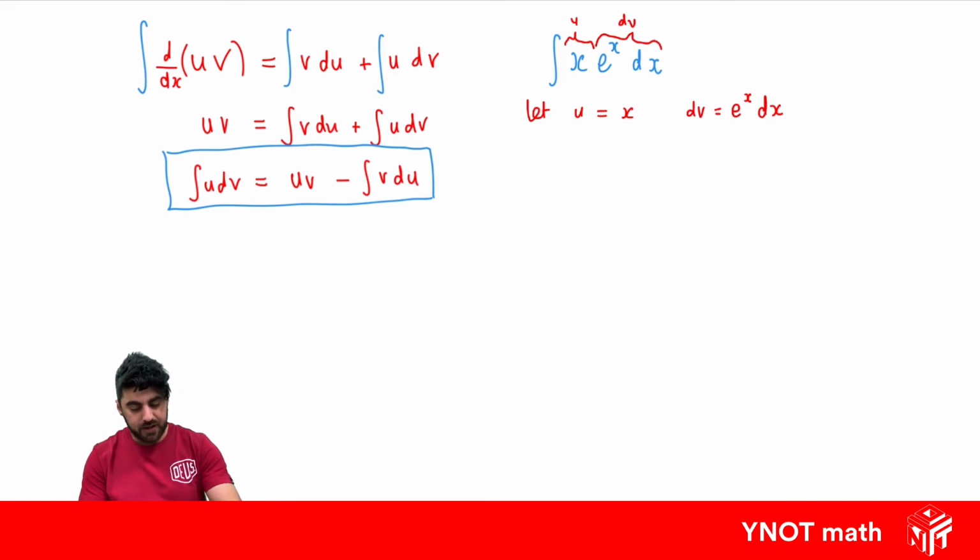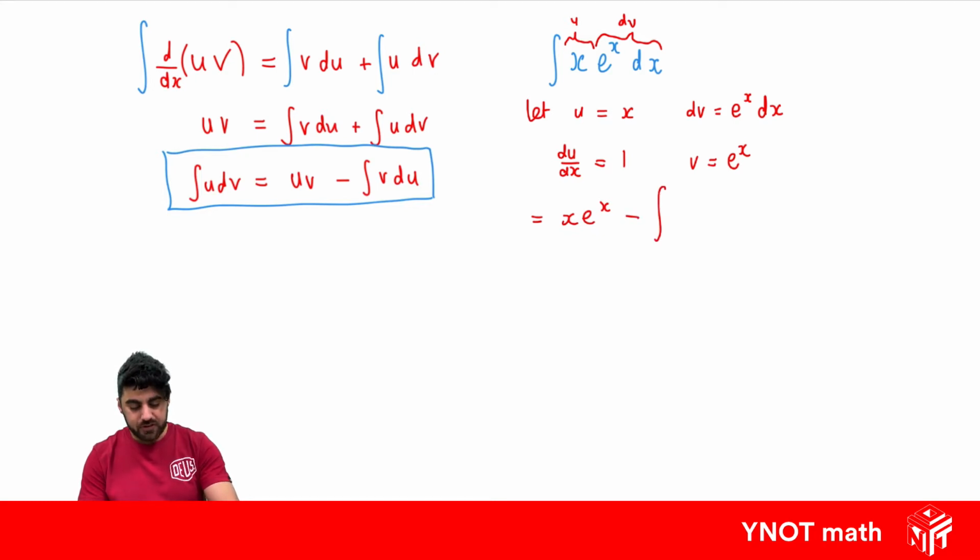Let's go ahead and find du/dx. That's just going to be 1. And let's go ahead and find v by taking the integral, and we get e to the x. Now we know that this can be written as u times v, so we're going to get x times e to the x minus the integral of v du.